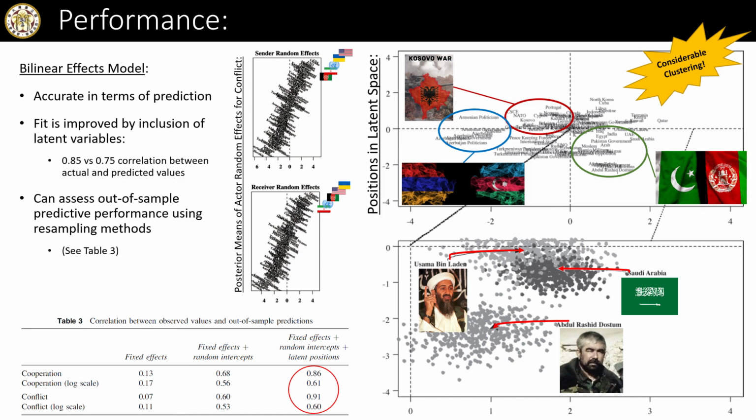If we blow out this section on the bottom right, we can look at a more detailed view of the clustering, and here they've highlighted 3 actors within these clusters. One is Osama bin Laden, the leader of Al Qaeda.